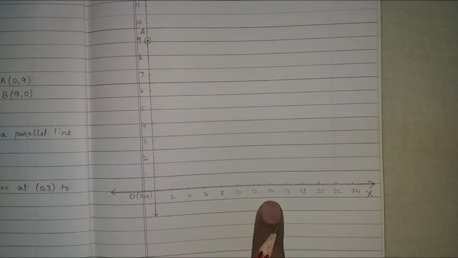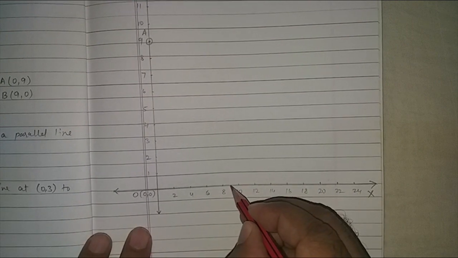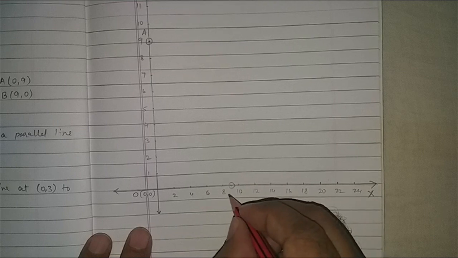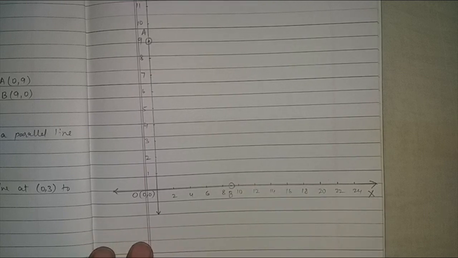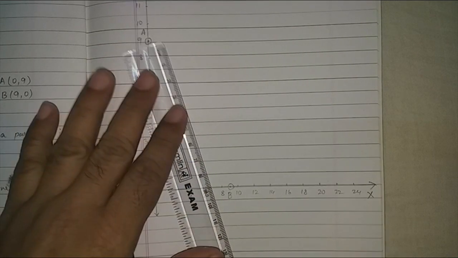So 9 is between 8 and 10, and I'll just pick this center point and make this point B. We will join these two points.